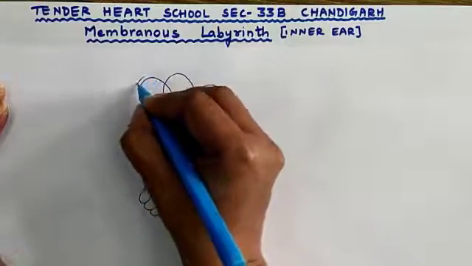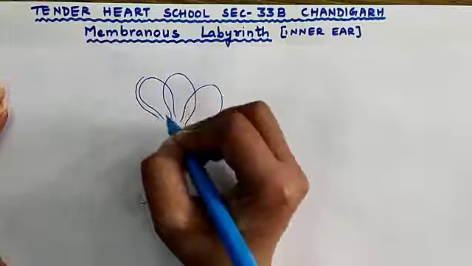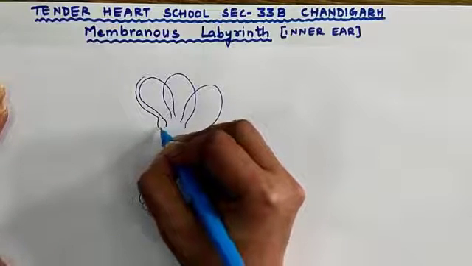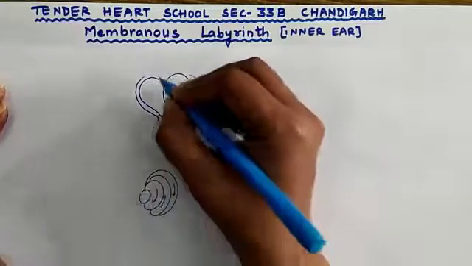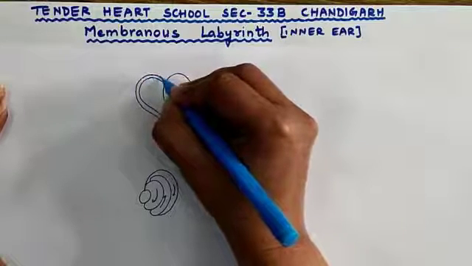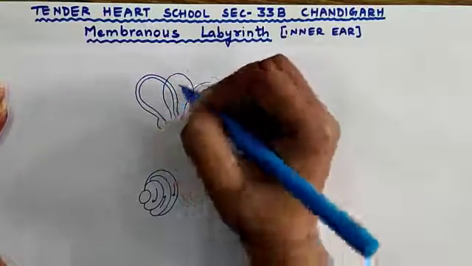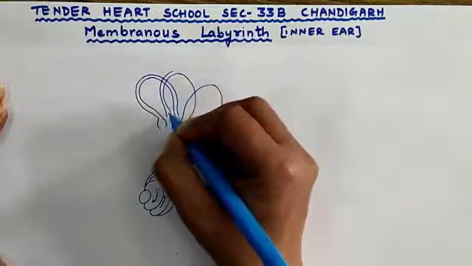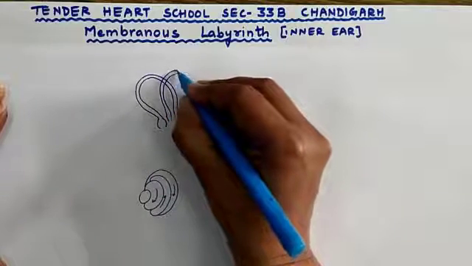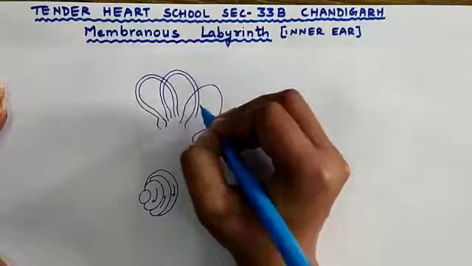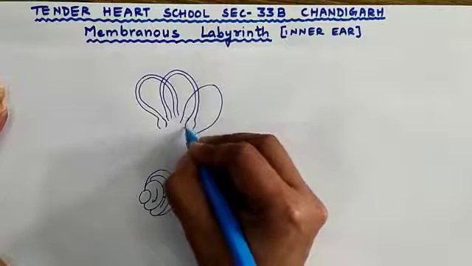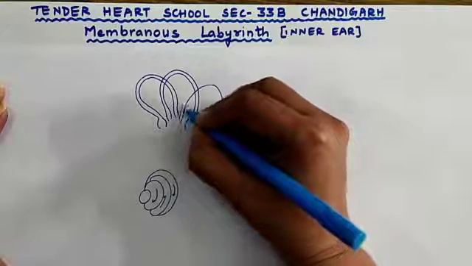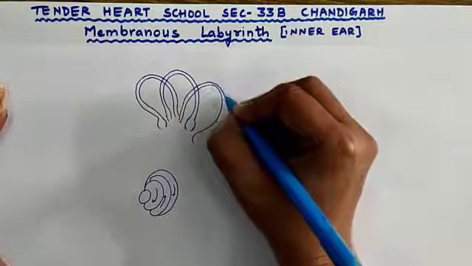And now, one of the bases of each of these semicircular canals is widened and expanded, forming the ampulla. So let us just make these three semicircular canals, and one of the ends of each semicircular canal is swollen, which is forming its ampulla.